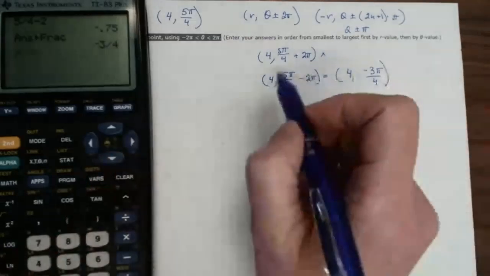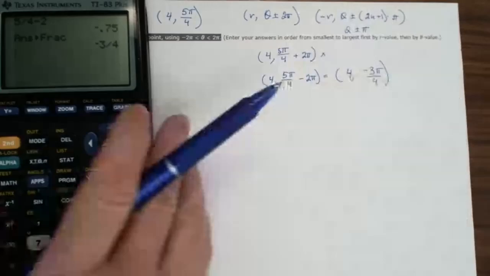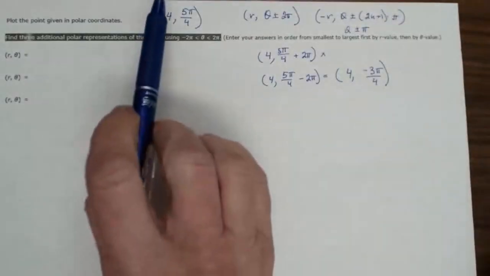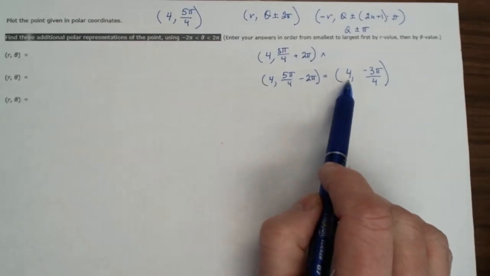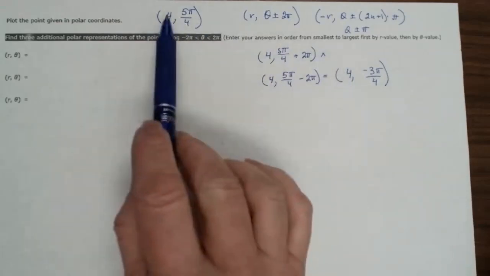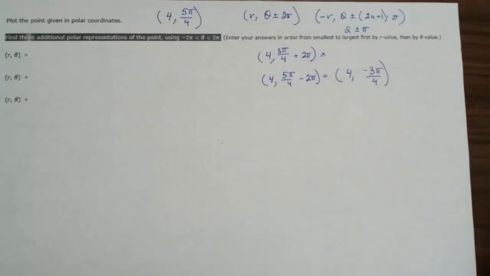Okay. Now we need to use the second rule. And one more thing: one answer will always be with the same r. If you have positive r, you will have one answer with positive r and two answers with the opposite, negative r.